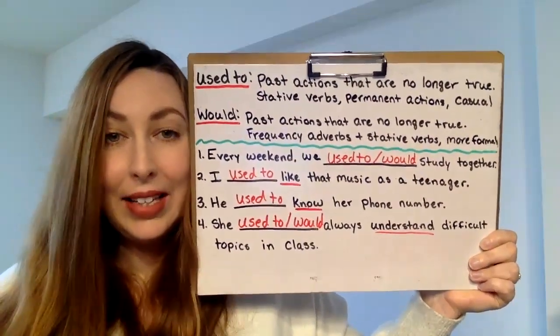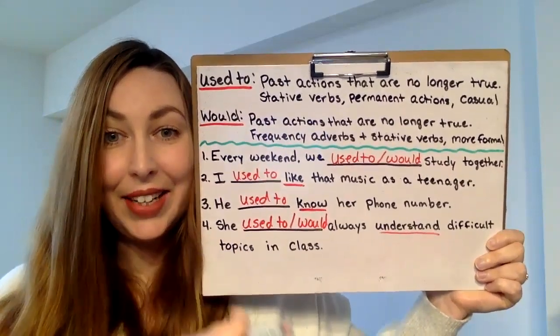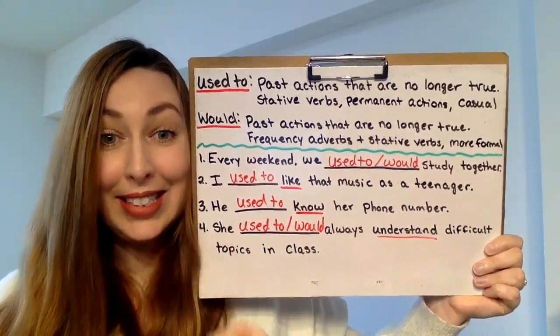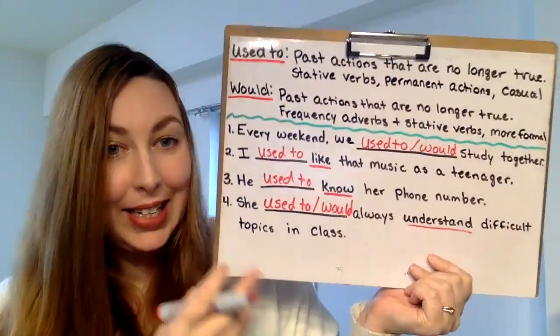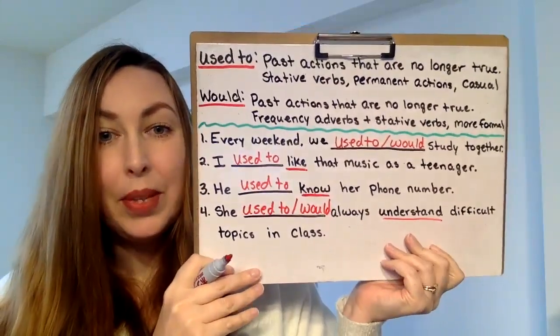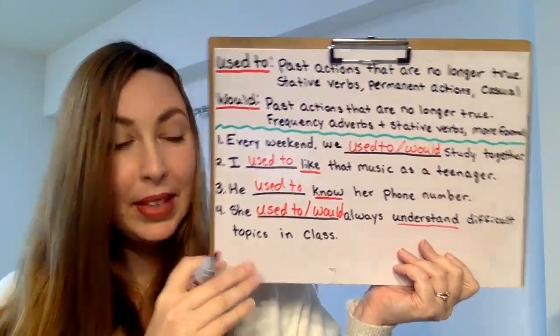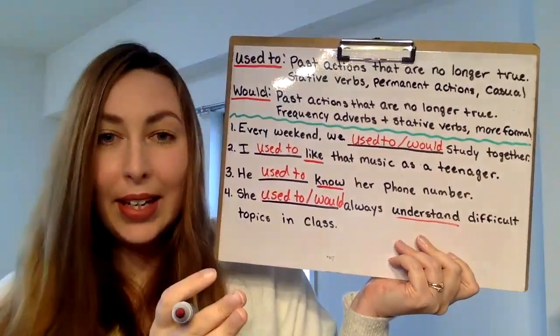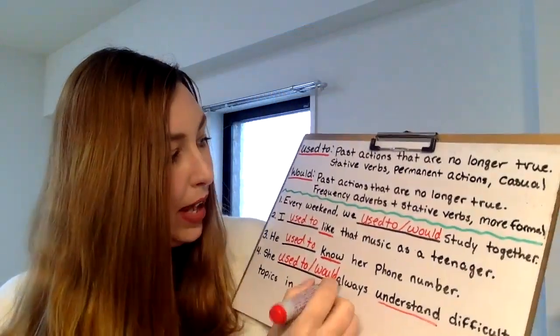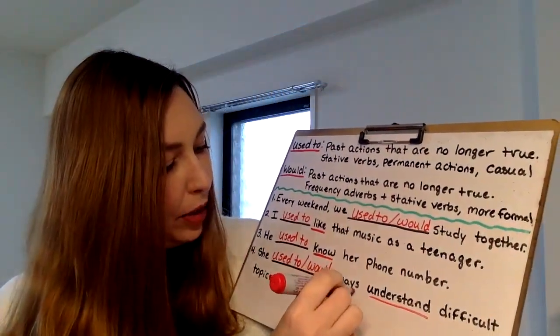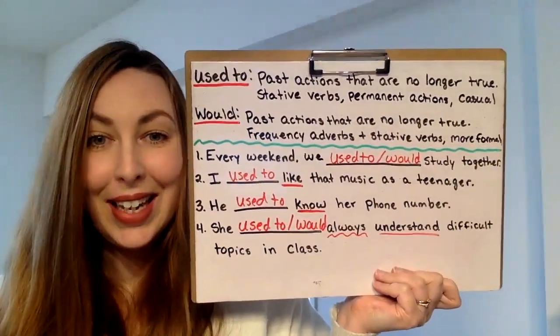So if we look here, understand is a stative verb, right? We don't say I am understanding something, right? So it is a stative verb. Why can we use would if it's a stative verb? Well, because we have a frequency adverb here, always.